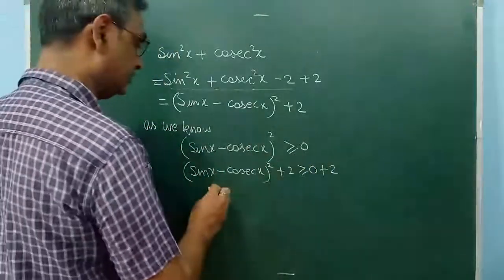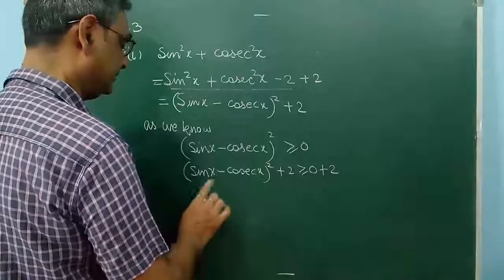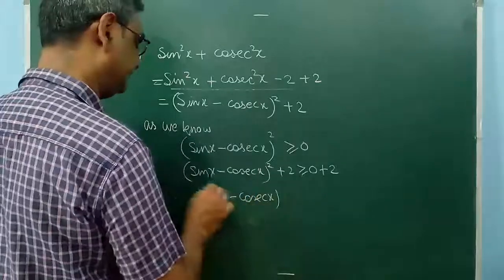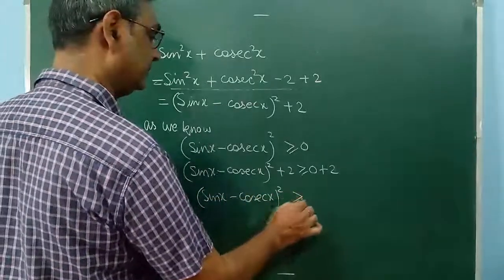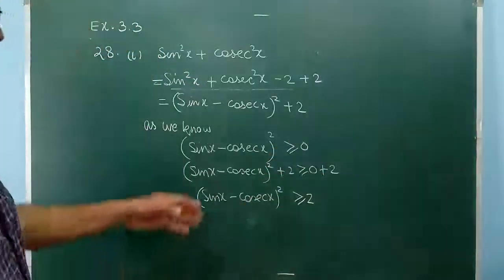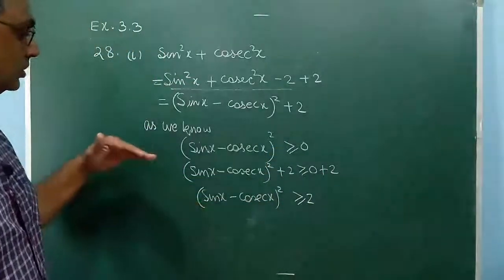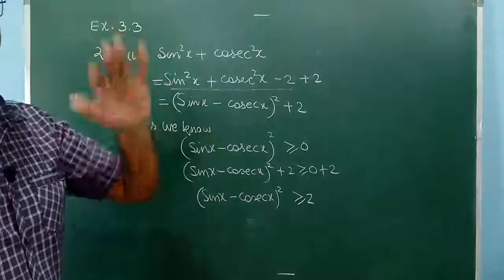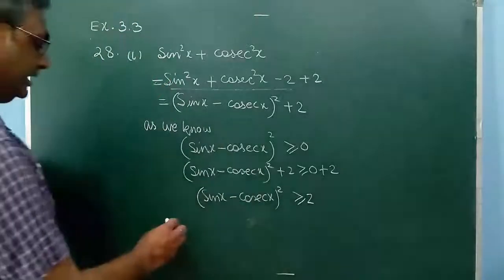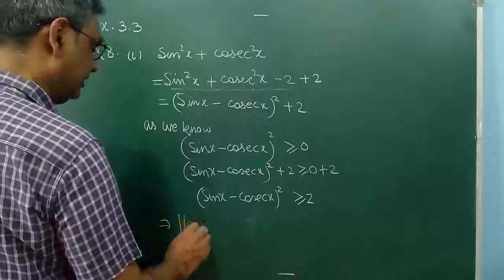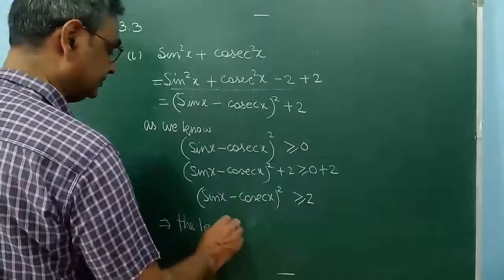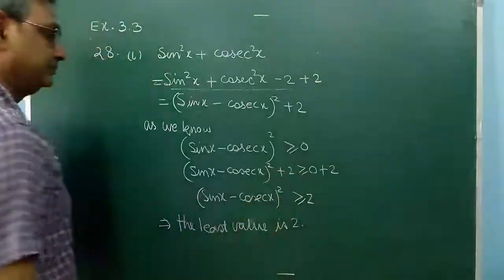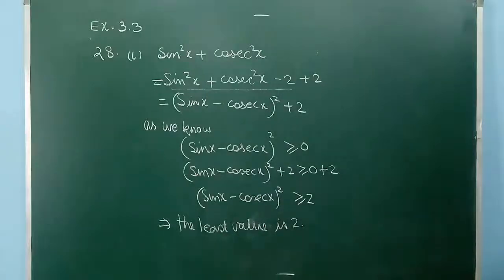When we have added 2 on both sides, this implies that this is greater than or equal to 2. So the least value is 2 and the rest of the values are more than 2. So we write, this implies the least value is 2. This is the least value.